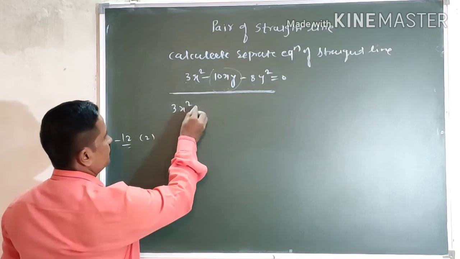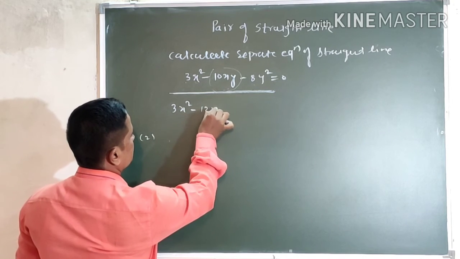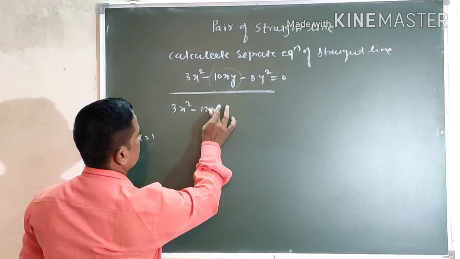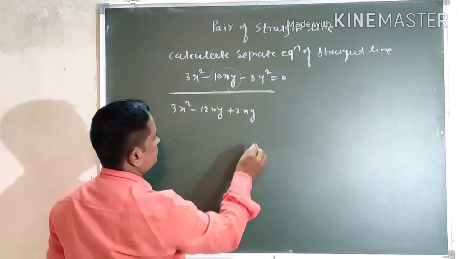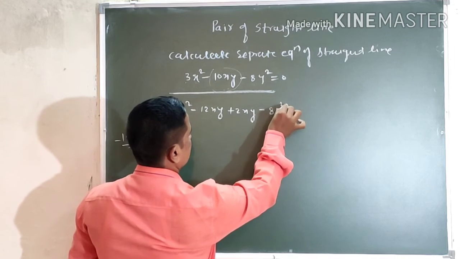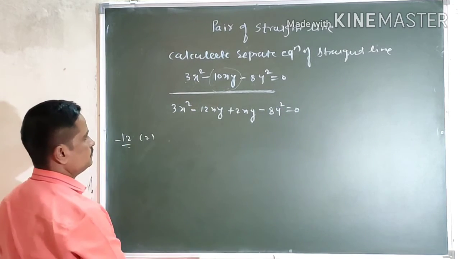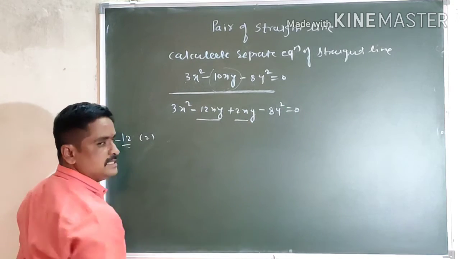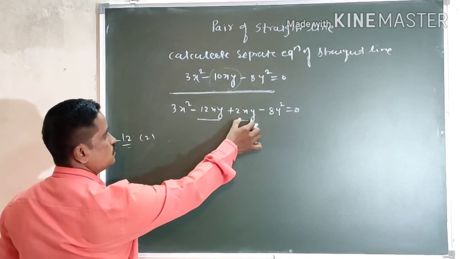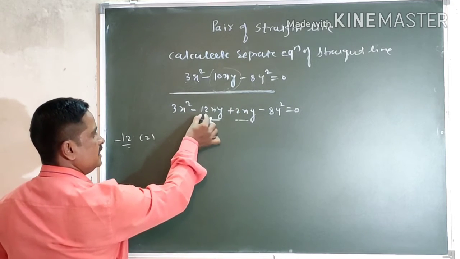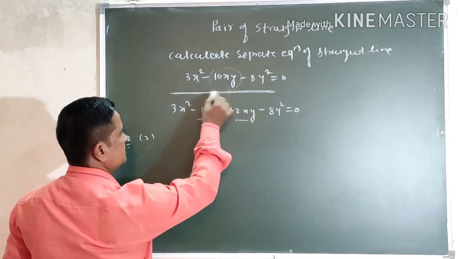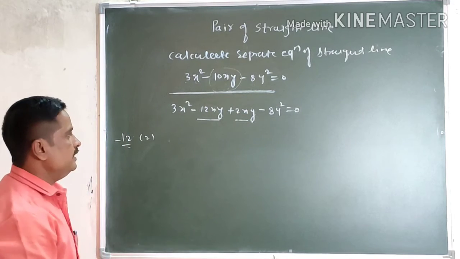So write in the form of minus 12xy plus 2xy minus 8y square equals to 0. So minus 12xy plus 2xy is nothing but minus 10xy, and minus 12 into 2 is nothing but minus 24.